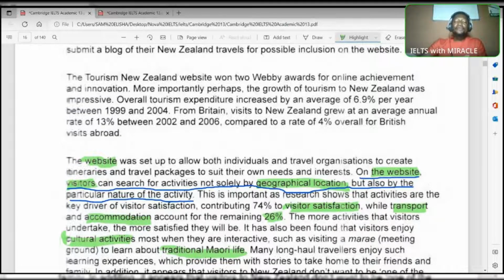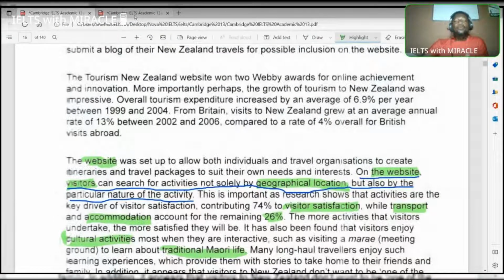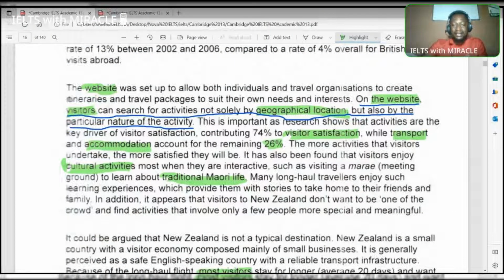That's how I got my answer for number 9 in paragraph 6. But notice what happens for number 10. Number 10 is also in paragraph 6. You see that 26% is in the next sentence, after the sentence where I got number 9, in the same paragraph.